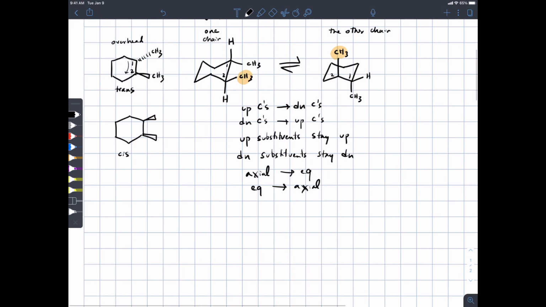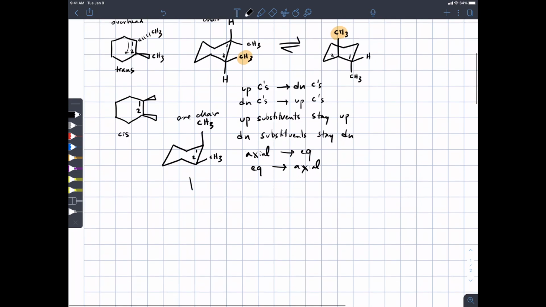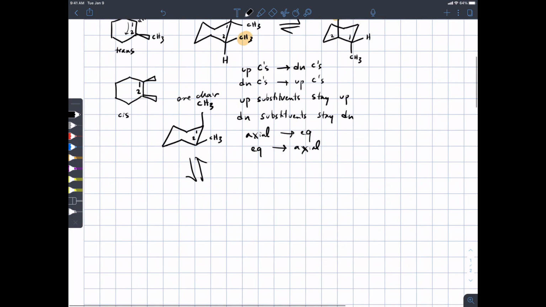But it might have been tempting for you to draw a chair form of the cis dimethylcyclohexane and to think that you could somehow interconvert between the cis and the trans, and you can't. Okay? This is one chair of the cis dimethylcyclohexane.